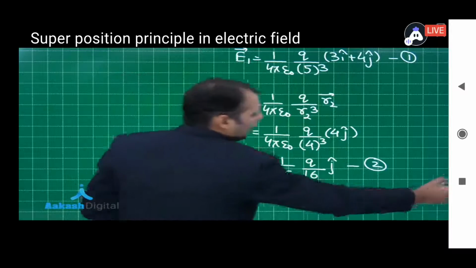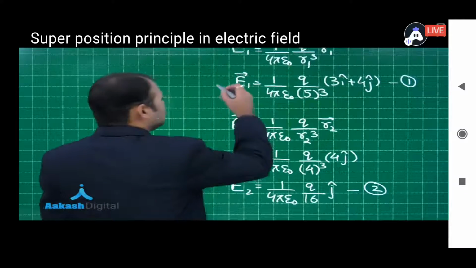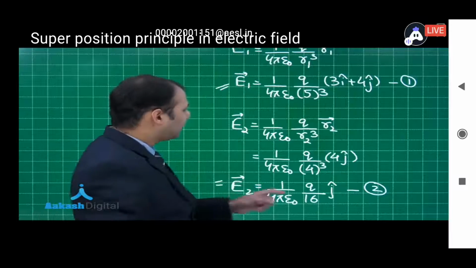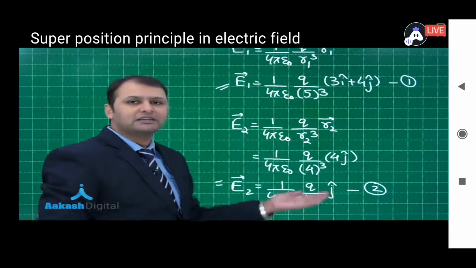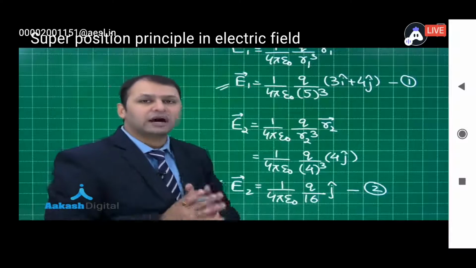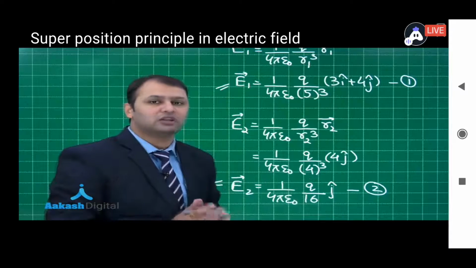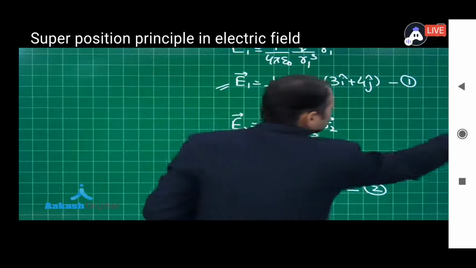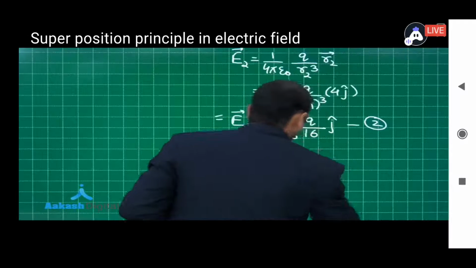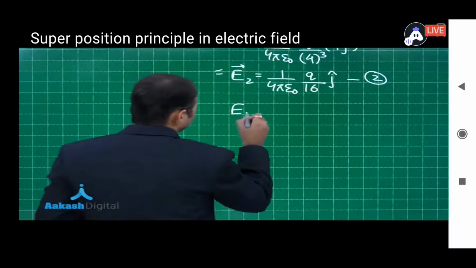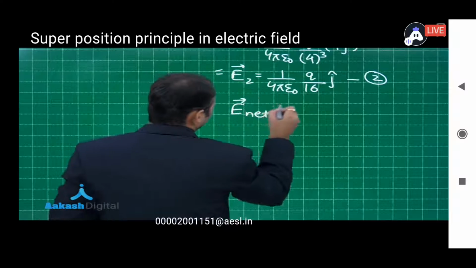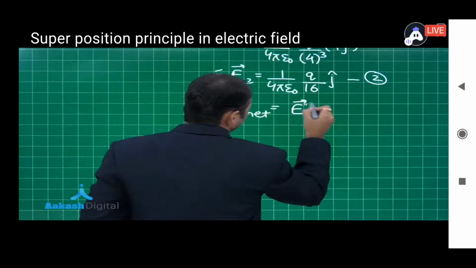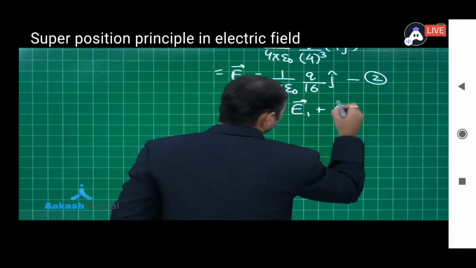So I have two values of electric fields. This is E1, this is E2, and they are in i cap and j cap. I can simply add the components: the components along i can be added and the components along j can be added. So let's add these. We will get the net electric field as per the superposition principle as E1 plus E2.